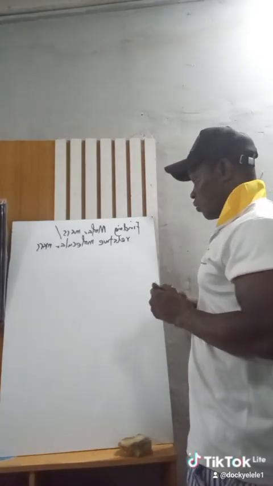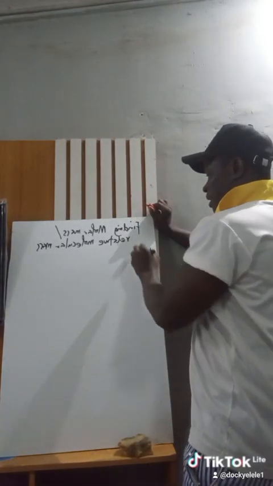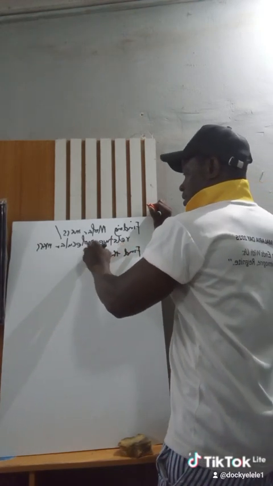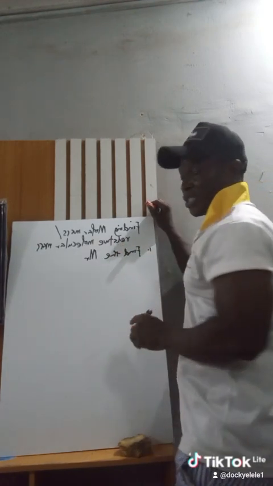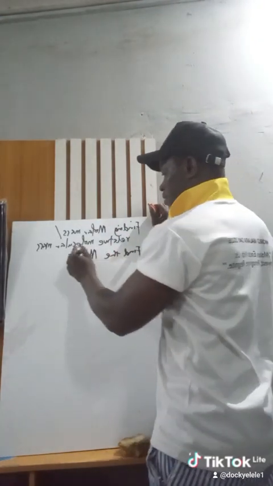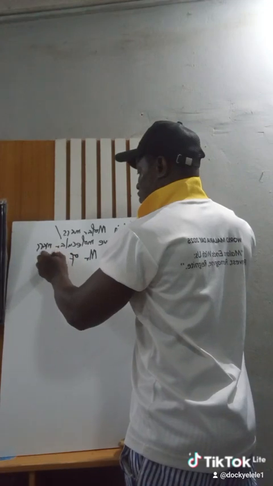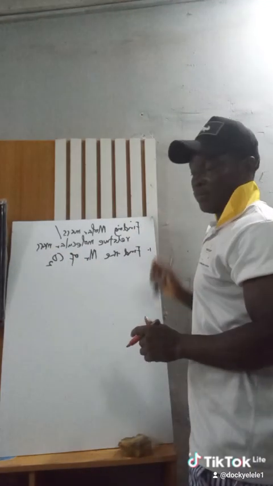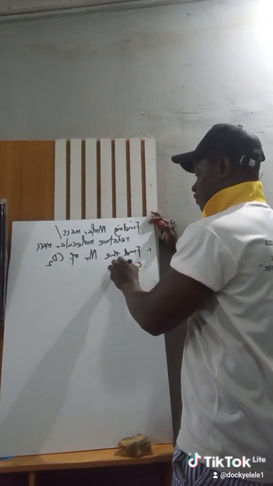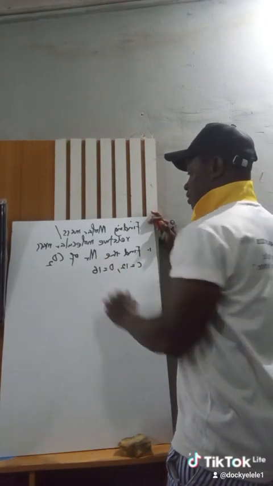So let's look at it this way. Number 1, find the molar mass, MR, of carbon dioxide. Very simple. You'll be given in the question that carbon is 12 and oxygen is 16.